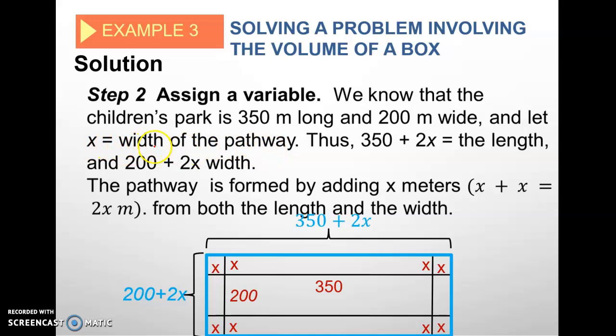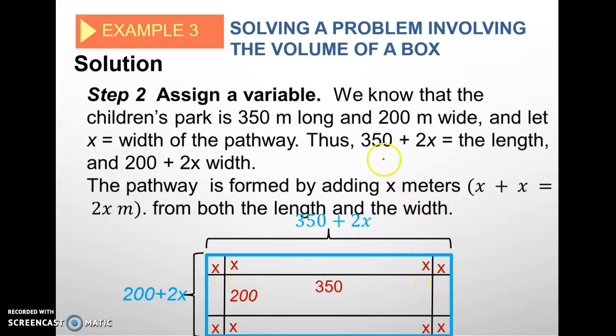So with the original length, we add the pathway along here. If we add an x on this part, we also have an x on this side, because it's talking about equal width of pathway. So basically this is the illustration.